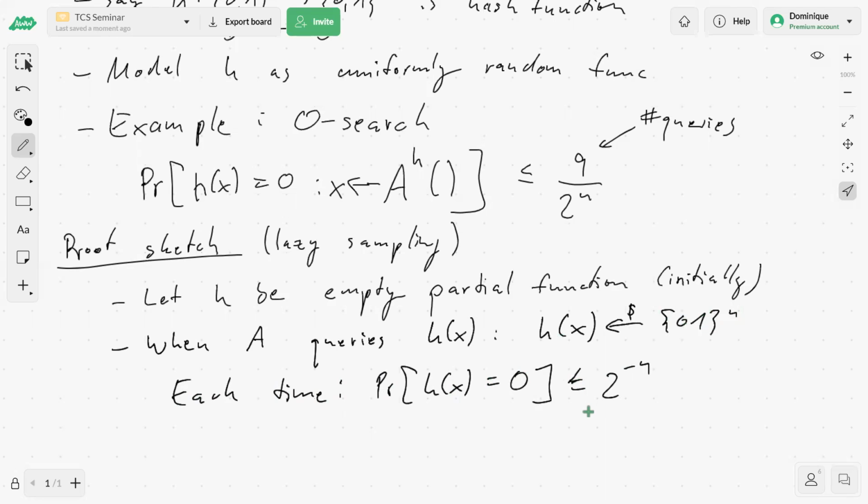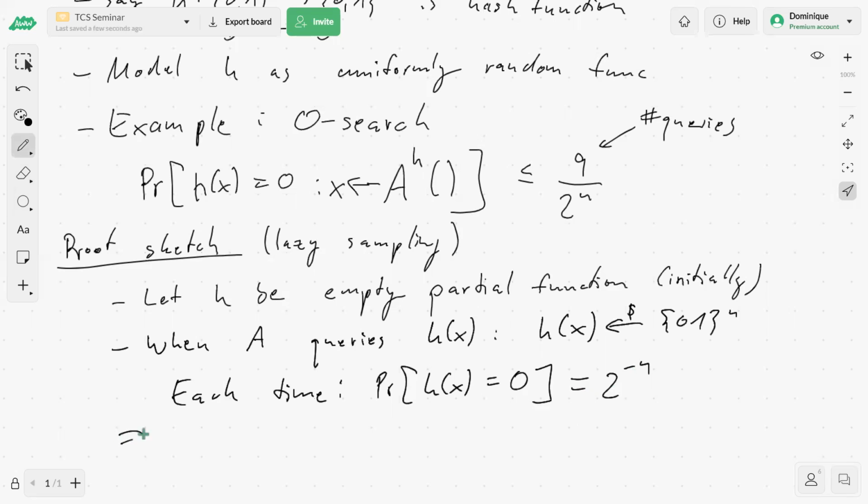Smaller or equal because it could also be that the adversary queries a value again that has been queried before. Or maybe it's easier if I just say equal, but this is only in the case that a new position is queried.